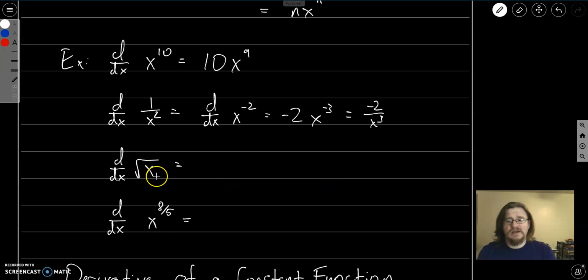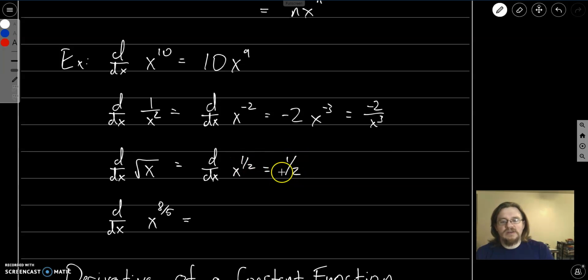Here we have the square root of x. And again, this is x to a power. This is x to the 1/2 power. So maybe this is a little bit trickier, but again, we bring down the 1/2, we bring down that power, and then we take x and we raise it to the 1 fewer power. 1/2 minus 1 is going to be negative 1/2.